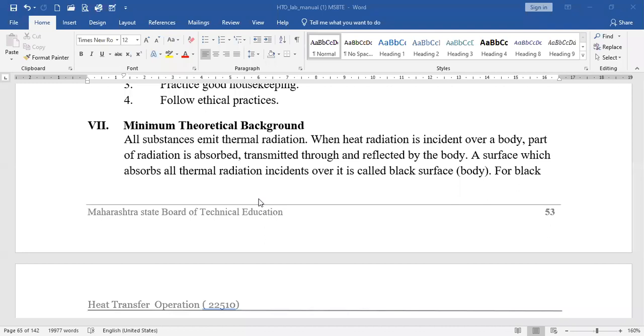If most of the absorption is done by that body, then it is called a black body. Ideally, if 100% of the incident radiation is absorbed by the body, then it is called a black body. But practically, about 96% of the radiation can be absorbed by the lamp black, and that is why it is called a practically black body.